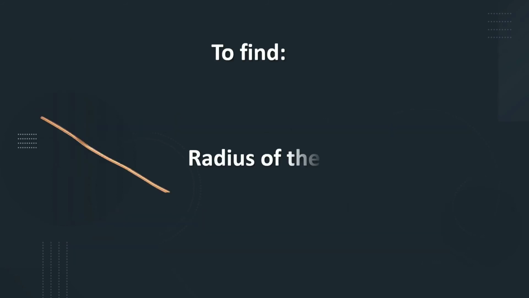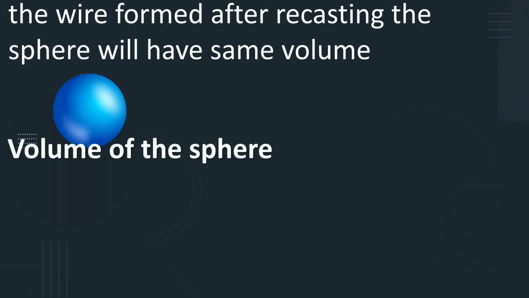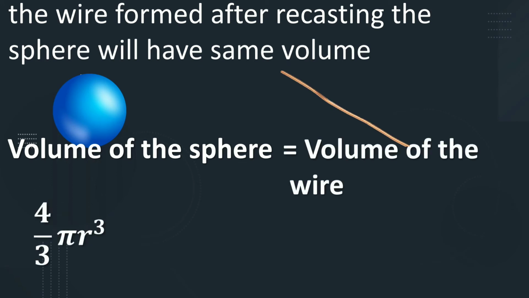To find radius of the wire, capital R, remember to write capital R. The wire formed after recasting the sphere will have the same volume. So volume of the sphere is equal to volume of the wire. Volume of the sphere we know 4 by 3 pi r cube. Volume of the wire is nothing but volume of the cylinder, pi R square h. Remember to write capital R here.